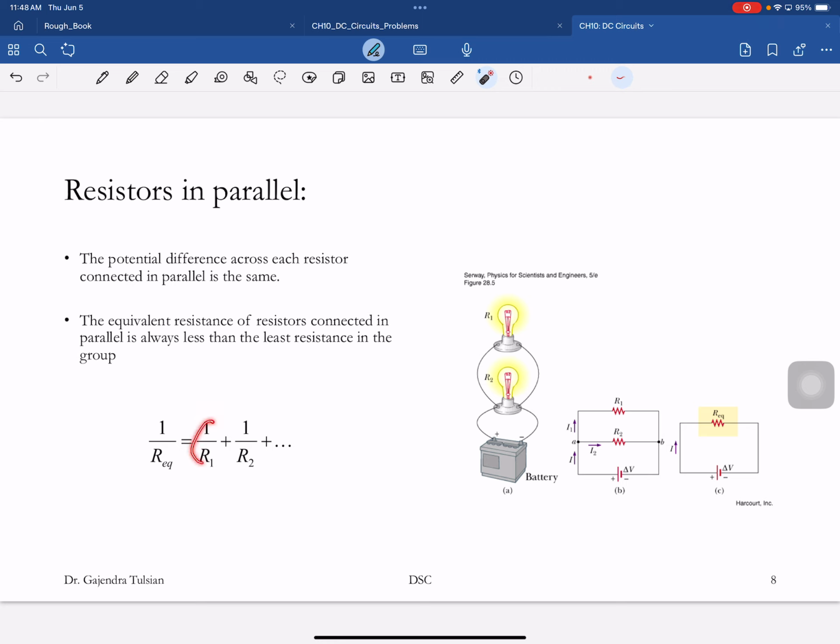And you see all these terms are positive, so this term has to be the largest, meaning this resistance has to be the smallest among all of them. So when you connect a bunch of these in parallel, the equivalent resistance is smaller than the smallest one of those.